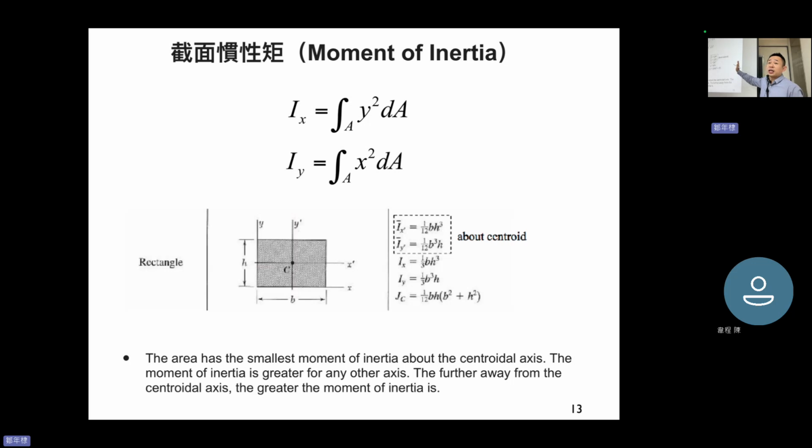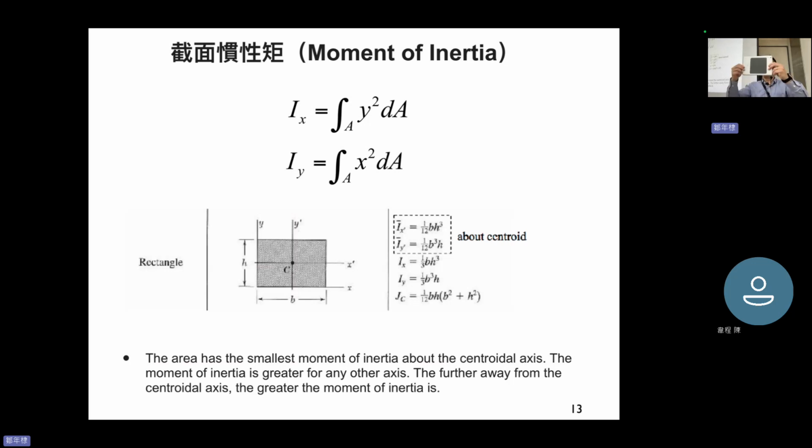Remember that these values can be checked in the textbook appendix D. And remember that the area has the smallest moment of inertia about the central axis. For example, I have shown that before, right? This is the area you want to rotate or bend. The central axis is here and here, right?